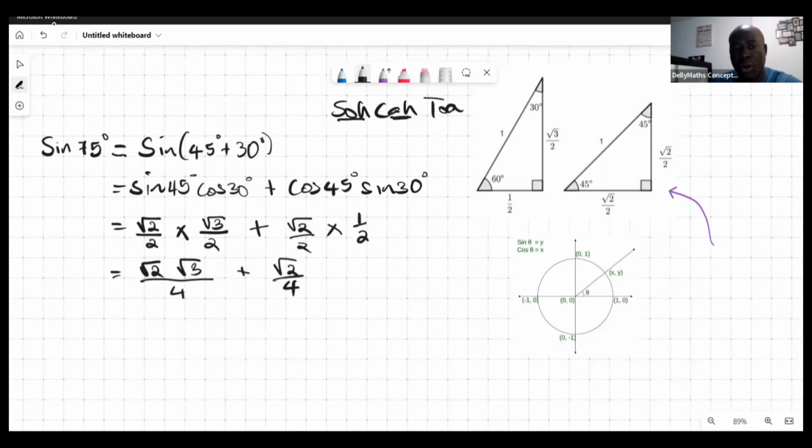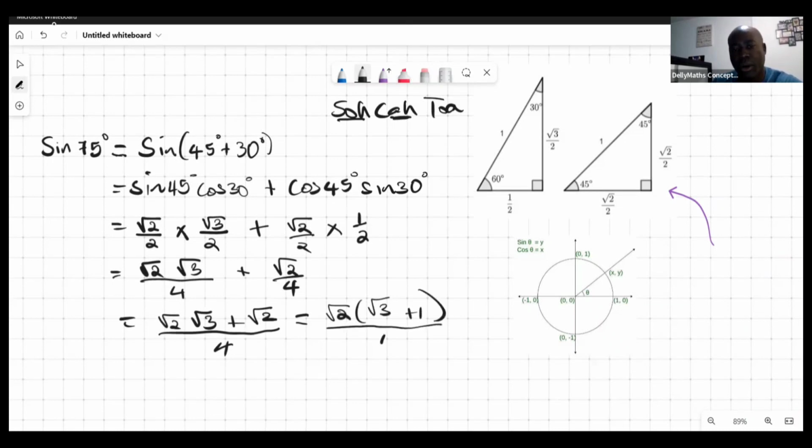Depending on how I want to do this, there are many ways to represent this answer. This could be represented as root 2 times root 3 plus root 2 all over 4, since 4 is the common denominator. But if I do this, I realize that I could factor out root 2, and then I will have root 2 times root 3 plus 1 all over 4.